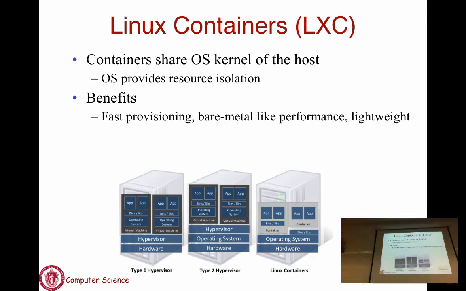This picture, which I don't know if you can read everything, illustrates the difference between type 1, type 2 and container virtualization. In type 1 virtualization, the hypervisor runs on hardware. Each of these black boxes is a virtual machine. You actually run an OS inside each virtual machine. They could be different, and you run your application. That's type 1.